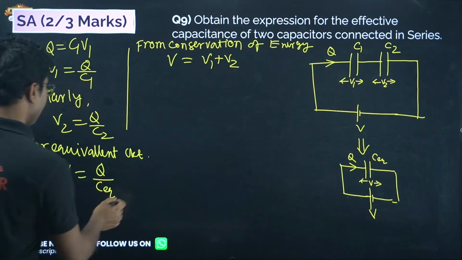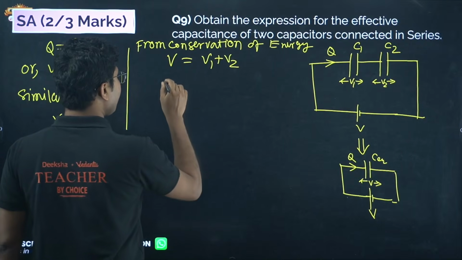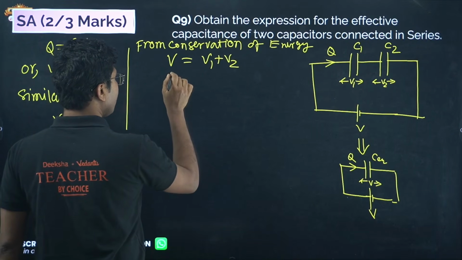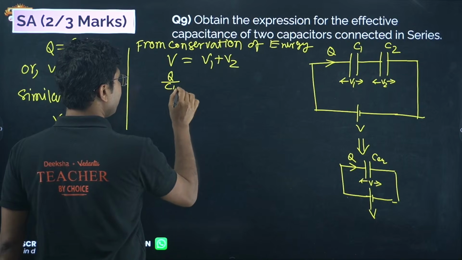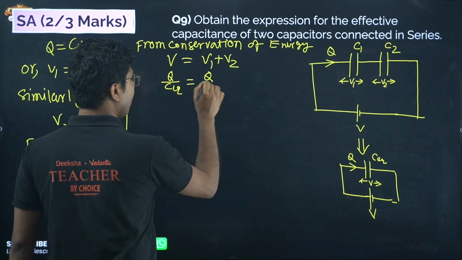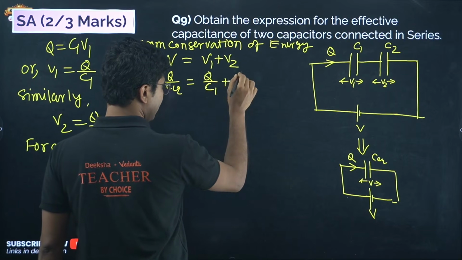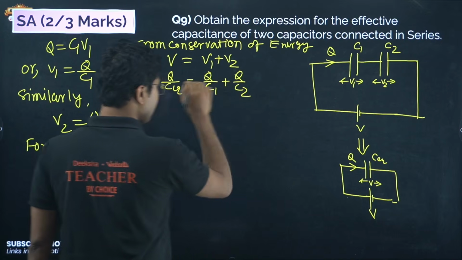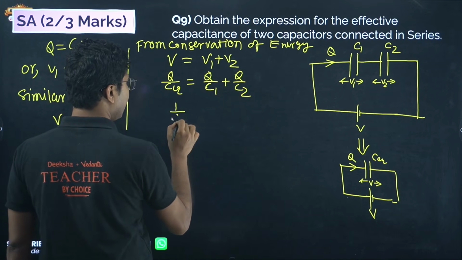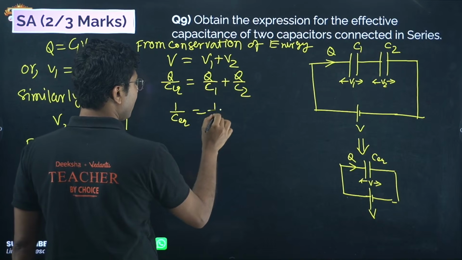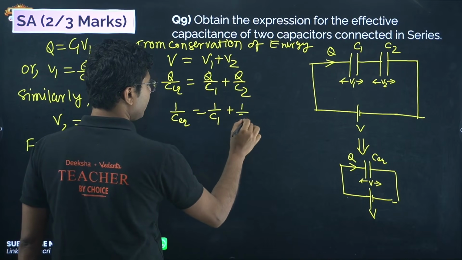Now this V is given by this, so we just need to put these values. So Q upon C equivalent equals Q upon C1 plus Q upon C2. Okay, obviously Q will be common, and we get 1 upon C equivalent equals 1 upon C1 plus 1 upon C2.